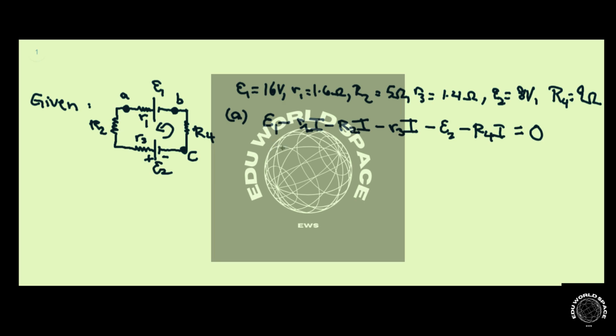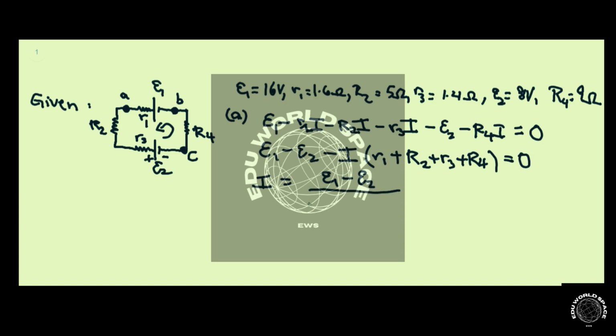So we want to solve for I. Let's collect all the terms with I and rewrite this equation. So minus I times the sum of all the resistance that's in the circuit, and we can easily solve this equation for I. It's just the difference in the EMF over the sum of the resistance.